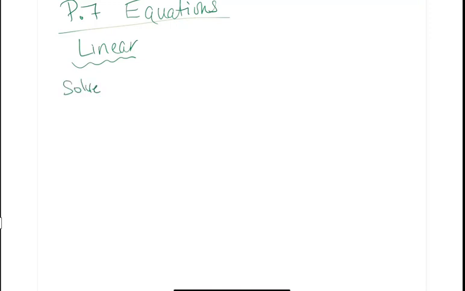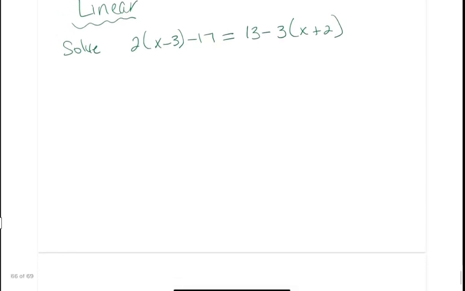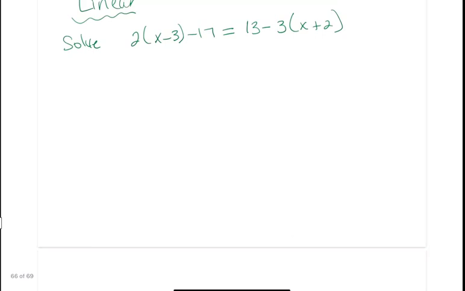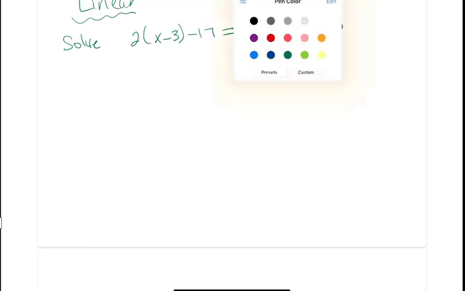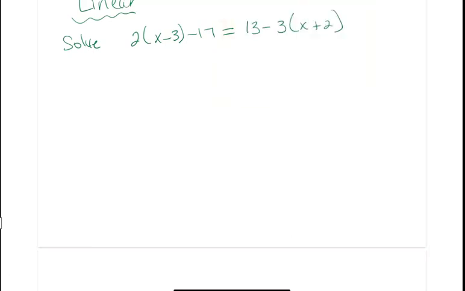So let's say we wanted to solve 2 times (x minus 3) minus 17 equals, making it an equation, 13 minus 3 times (x plus 2). Does that look like fun? Anybody got any ideas what we might want to do first?